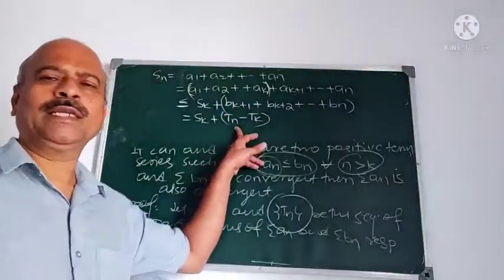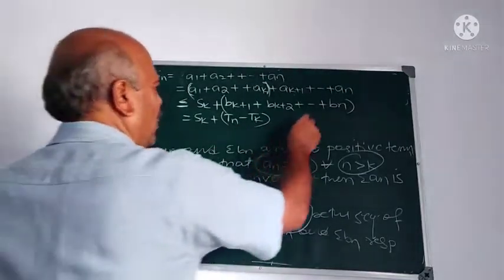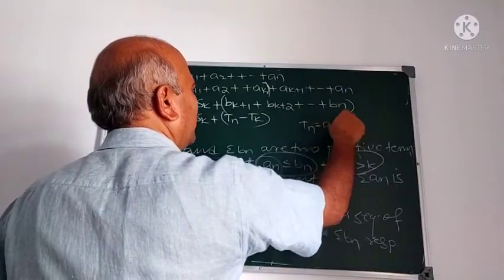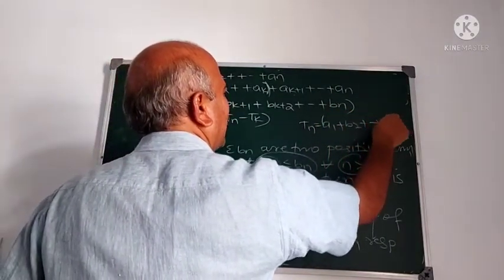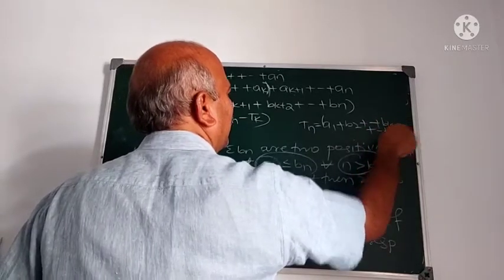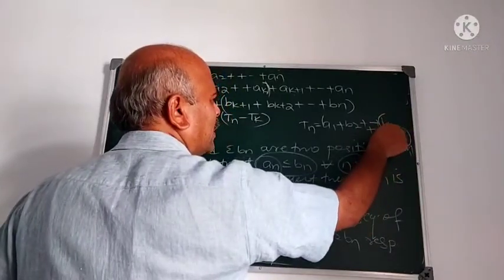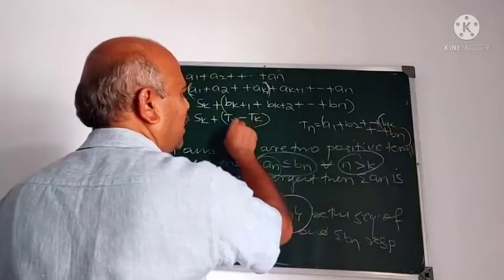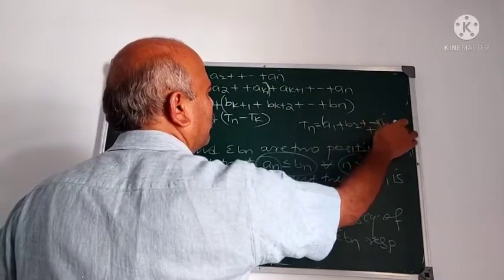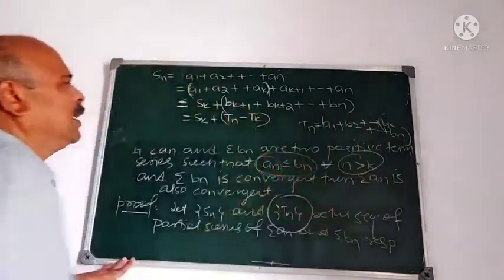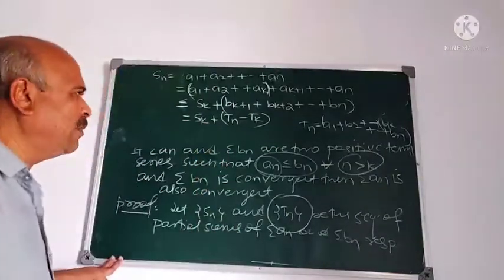This step is important. I think all of you followed this, because what is Tn? Tn is b1 plus b2 plus etc. plus bk plus so on plus bn. Now bk plus 1 etc. up to bn is Tn minus Tk, and b1 plus b2 etc. up to bk is Tk. Therefore Sn is less than or equal to Sk plus Tn minus Tk.